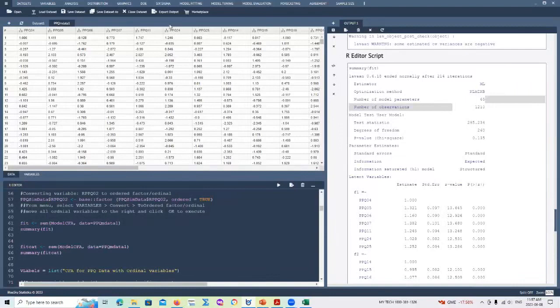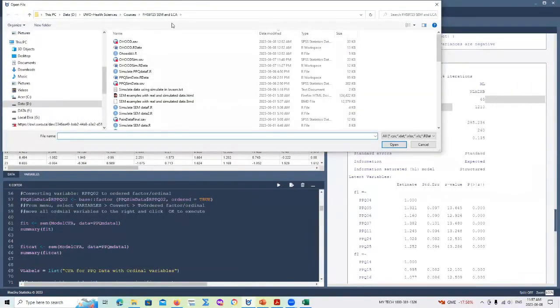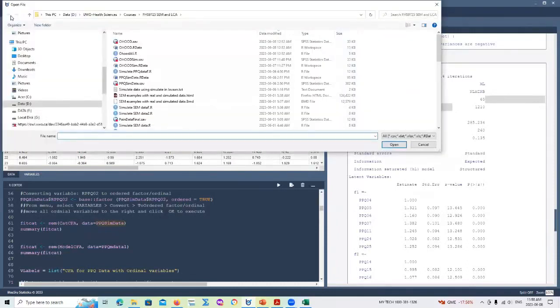Anyway, let me just check if that data set, the one that was there before, is this one. I want to see the data set. Let me open that one and see PSIM data.